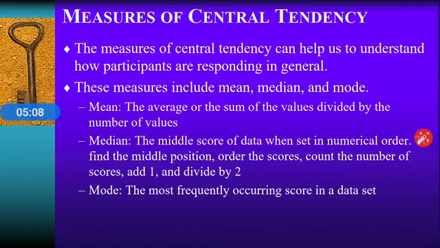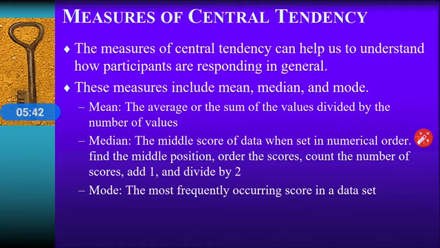In this case, the mean would be 5 plus 5 plus 5 plus 5 plus 10 plus 10 plus 20 plus 20 plus 20. And we can divide the entire sum that comes out of this addition, divide by 9, since there are 9 numbers. So the result would be 11.1. So that would be the mean here.